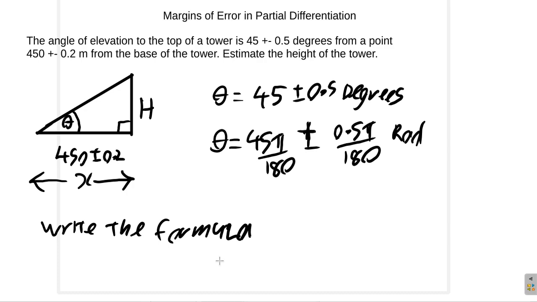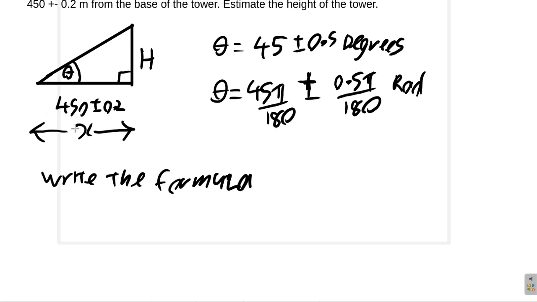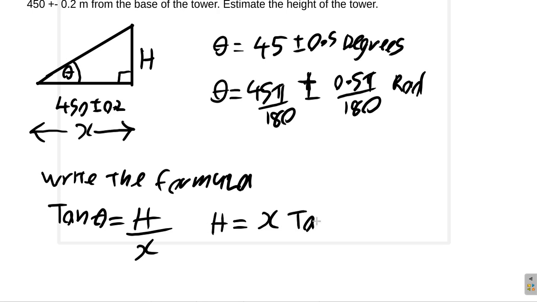But remember, you're going to find the partial derivatives, so don't put in the given numbers just yet. What's the formula? From looking at this, we know that tan theta is opposite, which is h, over adjacent, which is x. Therefore, h is equal to x tan theta. That's the formula.